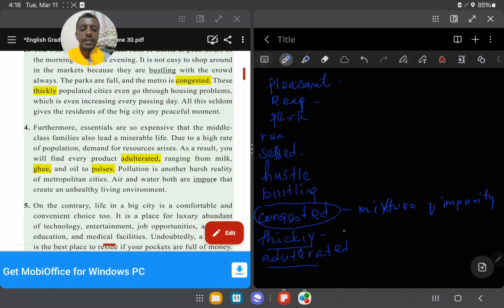Thickly means densely here, a lot, we can say a lot. Very crowded, a lot. What does thickly mean? It is like population density, very concentrated, beyond the number. Sorry, this congested one, sorry, is crowd. Let me show you here.